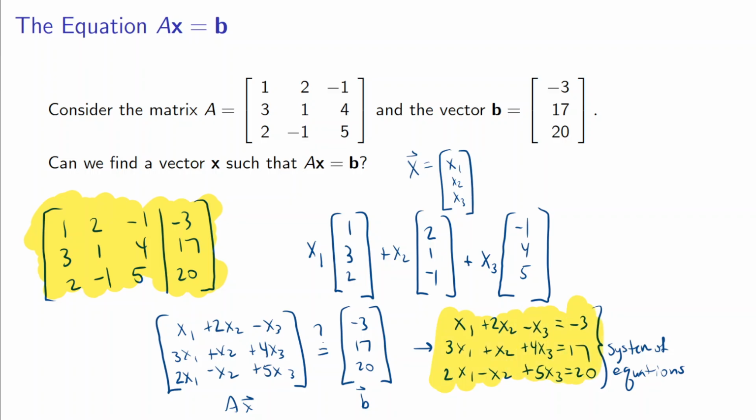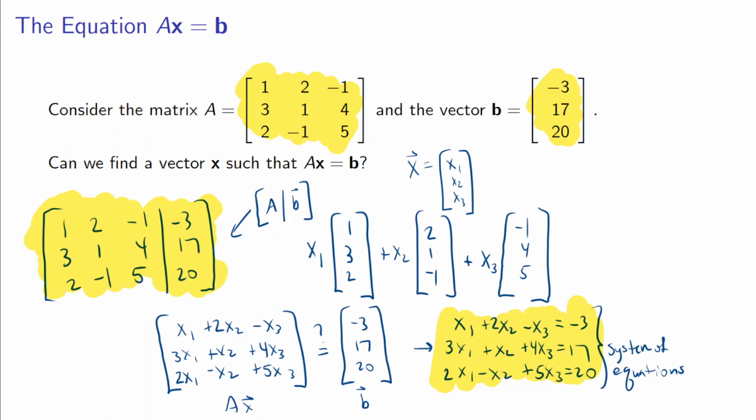And what you might see in terms of this augmented matrix is we've basically just stuck our original matrix A as our coefficient matrix, and then the right-hand side is just this vector B. So we took a big detour, we went around carefully using our definitions, but we landed on a matrix that has the form A as the coefficient matrix, and then the vector B as the right-hand side, that we can then row reduce.